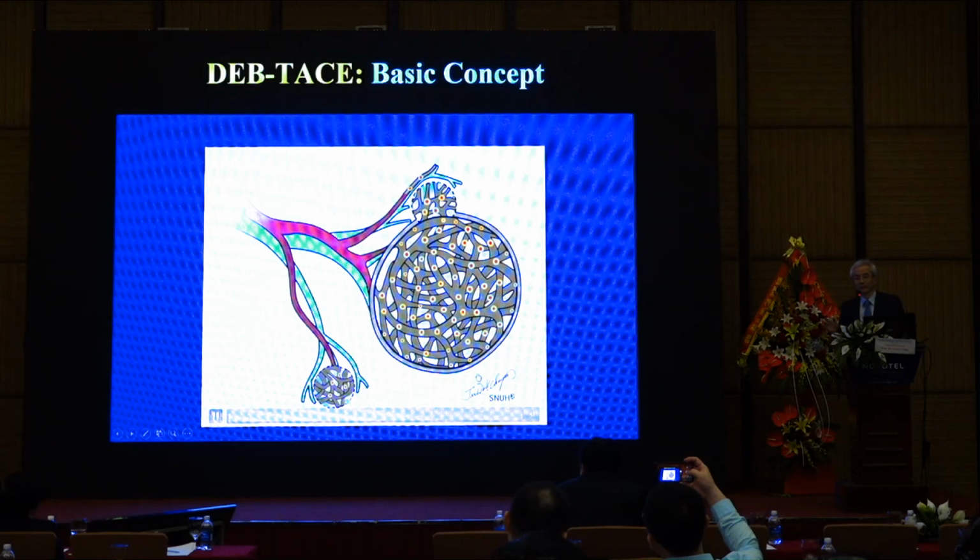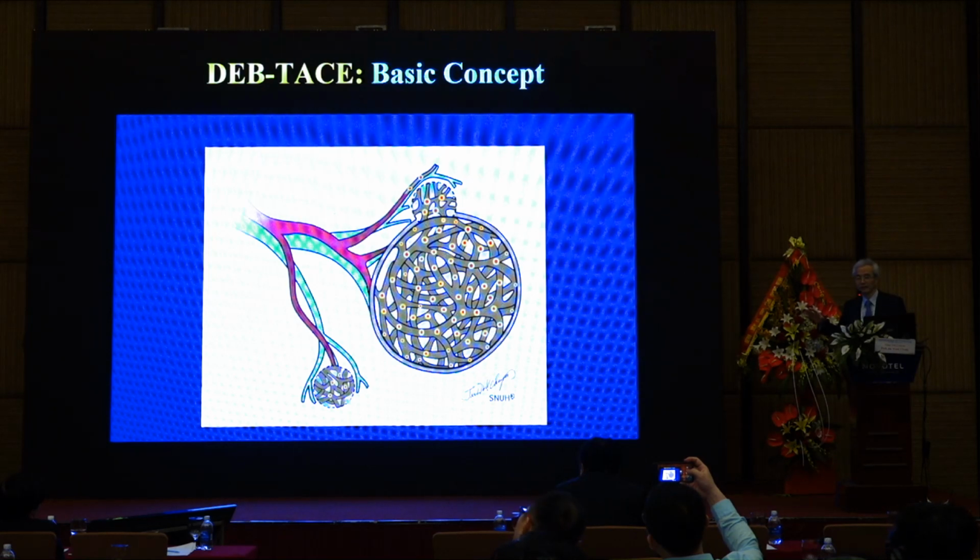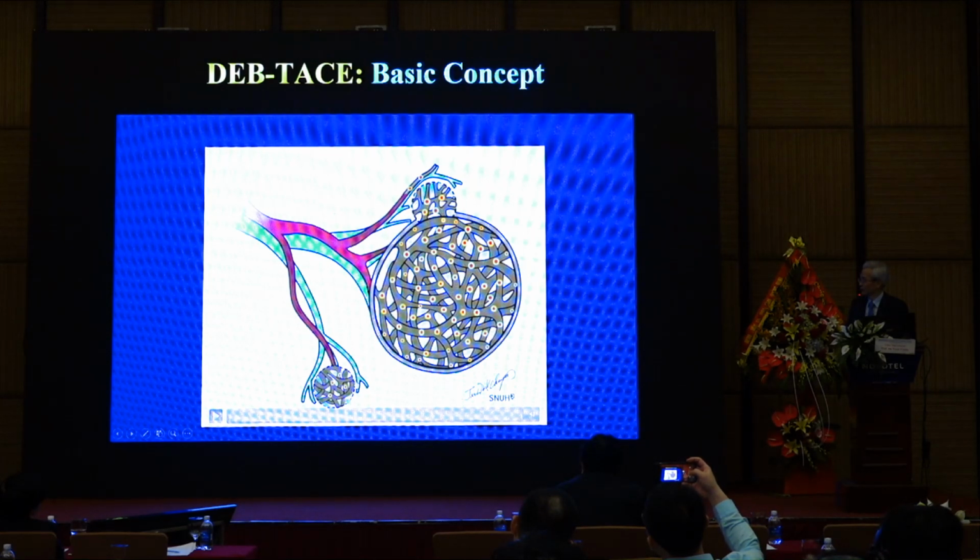The ideal endpoint of DEB-TACE is disappearance of tumor blush, tumor stain. It means that intratumoral vessels are well occluded. And then drug is slowly released into the tumor, and then a devitalized tumor, ischemia combined with anti-cancer drugs.